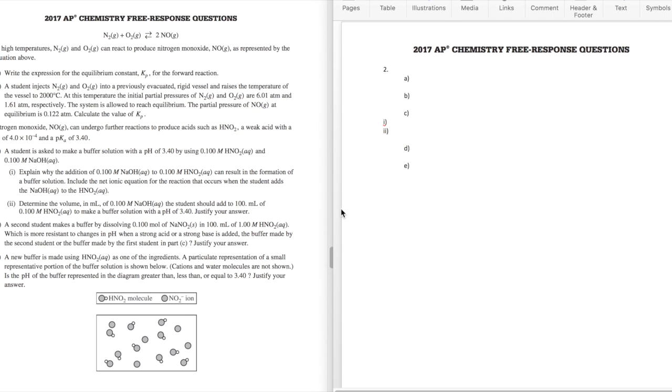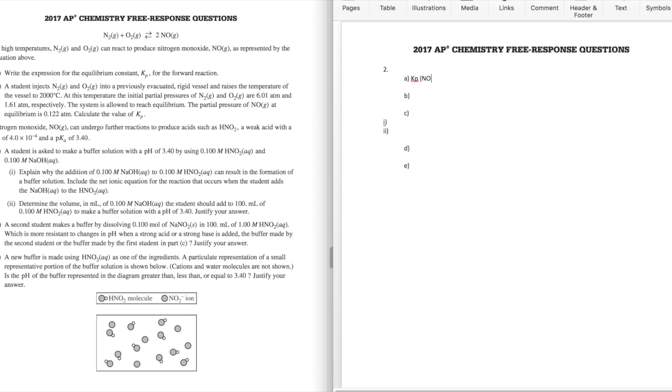All right, part A. Write an expression for the equilibrium constant, Kp, for the forward reaction. These are easy points on the test. These are pretty simple. Just always remember products over reactants, and the coefficients you write as exponents. So the Kp for this reaction is simply the products over the reactants.